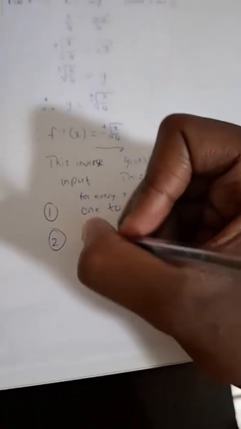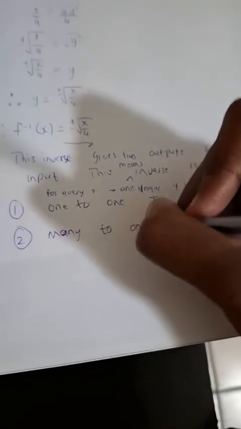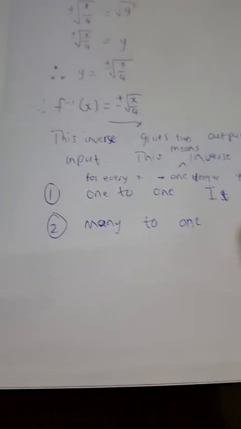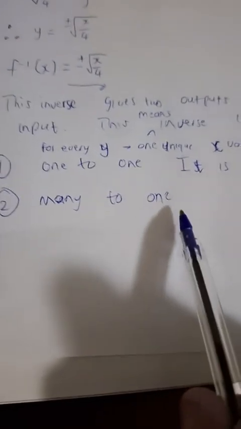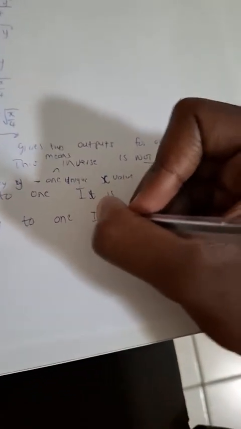Okay, 2, a many to 1 is also a function. Actually let's just say for every y, because 1 to 1 means for every y there is one unique x value. Okay, this is very important. Then a many to one. In other words, a many to one is also a function.